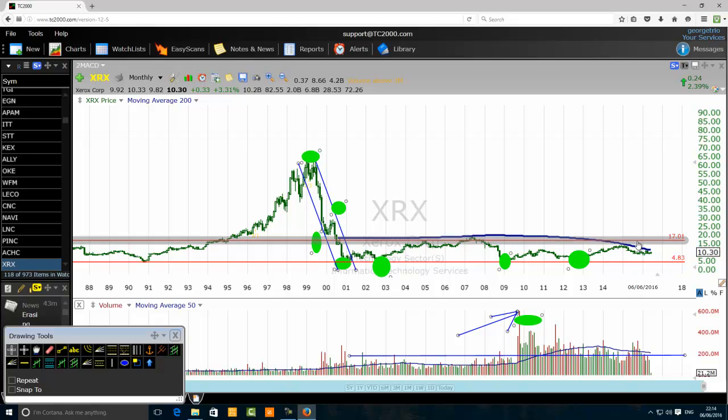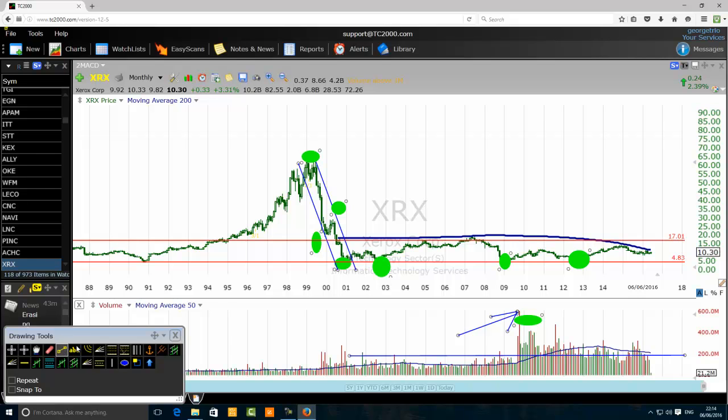But if the price dips below this consolidation and starts displaying lower lows and lower highs, which means the price is now in a declining channel below this horizontal channel, then we can say that this is a bearish surge in trading volume.